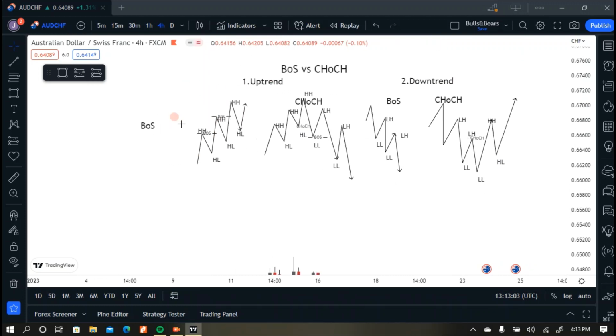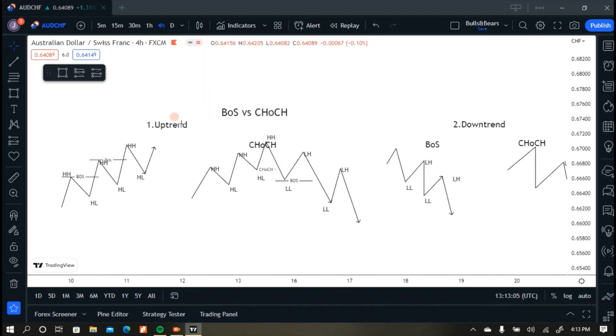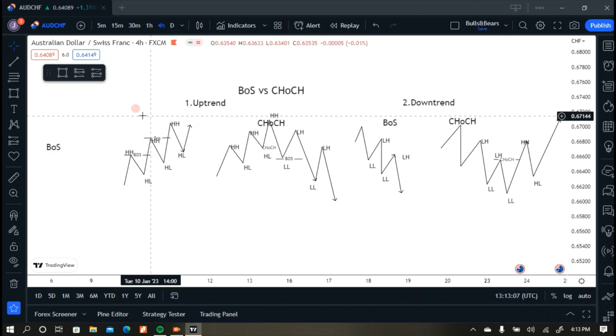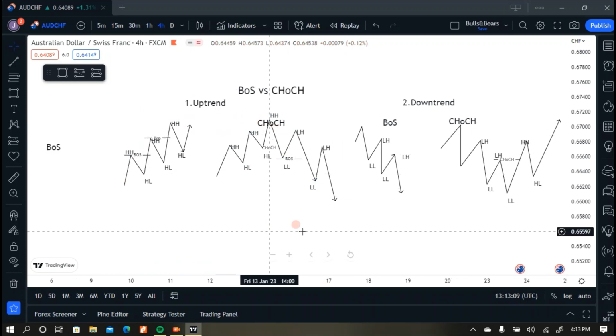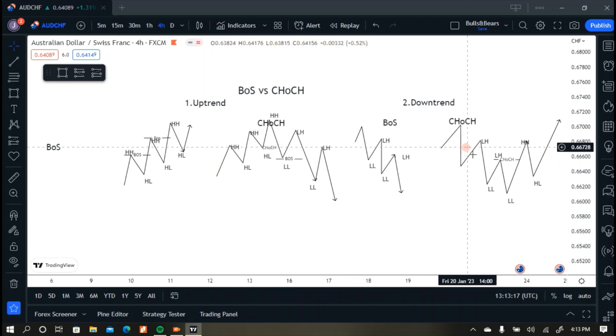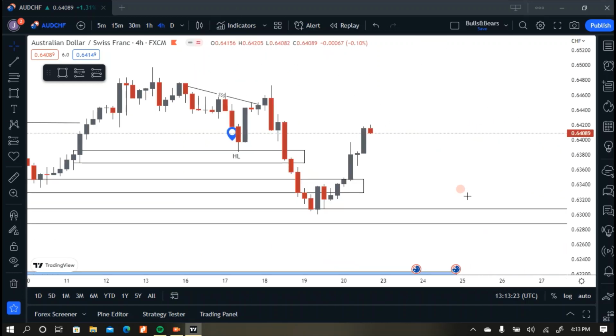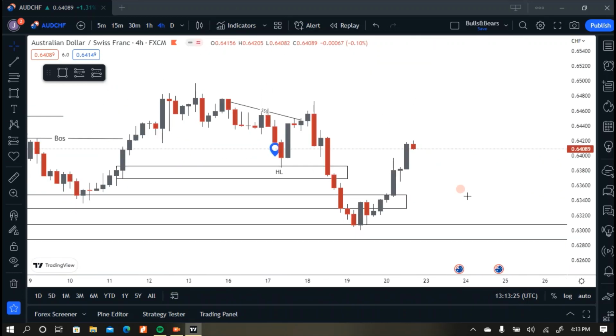Like I said, a change of character happens when the market is trending upwards and then price breaks structure to the downside, closing below that previous higher low. And if it is in a downtrend, price breaks structure to the upside, closing above that previous lower high, creating a new higher high.